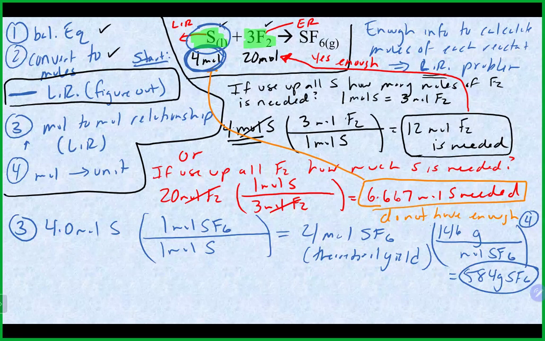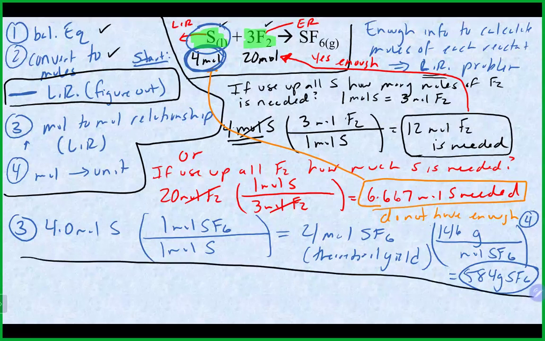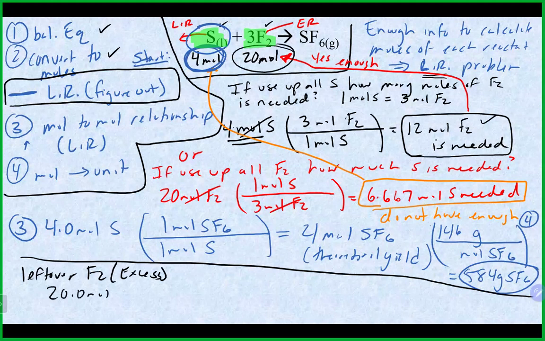Now, like I said before, sometimes you will be asked how much of that excess reagent is left over. So for example, here we know, based on our calculation, that the F2 is our excess reagent. And we can then figure out that we started with 20 moles of our F2.